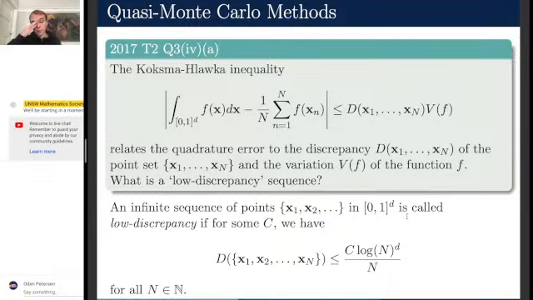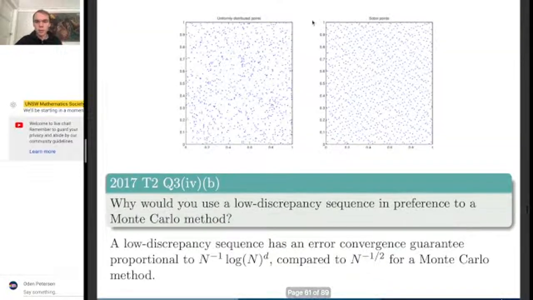And rather than using pseudo-random numbers, we're now going to use a sequence which, if we look at this picture here, pseudo-random numbers will tend to sort of clump up, and sample function values that are fairly close to one another in the domain of the function.